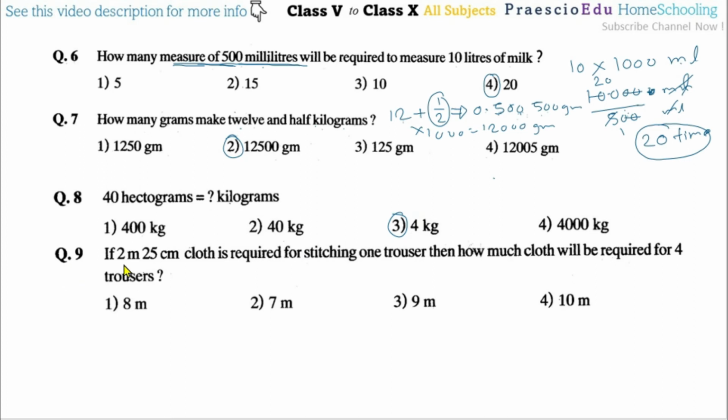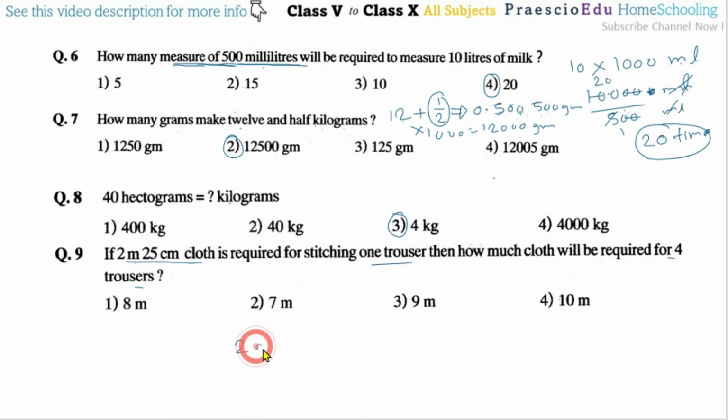Now question number 9: if 2 meter 25 centimeter cloth is required to stitch one trouser, then how much cloth will be required for 4 trousers? So this is the quantity of cloth required for one trouser, and 4 trousers have to be stitched, which means multiply this by 4.